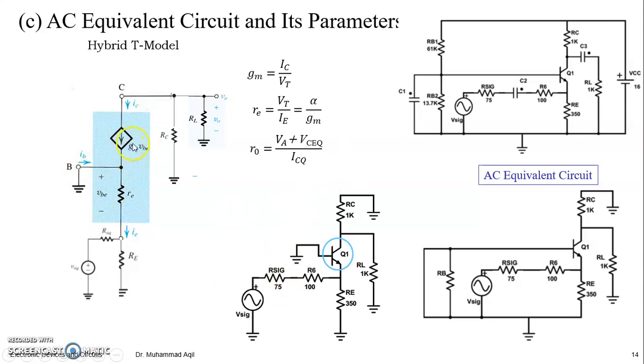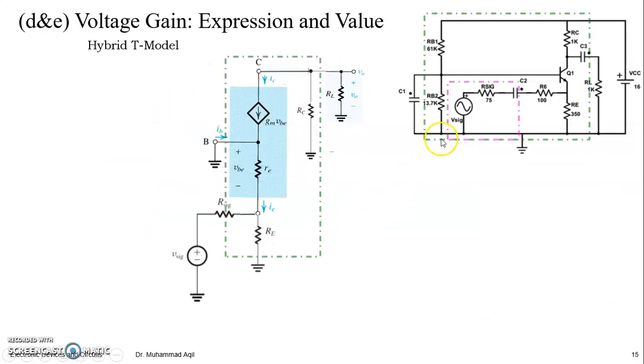Again, new parameters are introduced, so we have to find their values. gm is IC upon VT, re is VT upon IE, or alpha by gm. When we put all these values, we got this. We know the relation, we can find it, but we are not going to use the early effect. Now we are at stage 2, write the gain expressions, right? So let me clarify that we have this common base amplifier stage, except this purple thing, because this is the injected input.